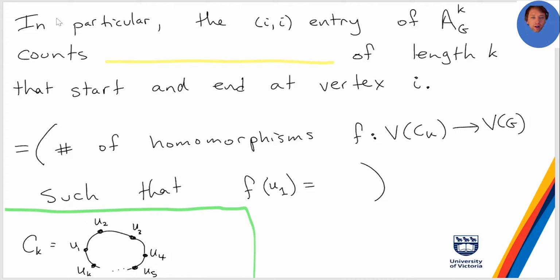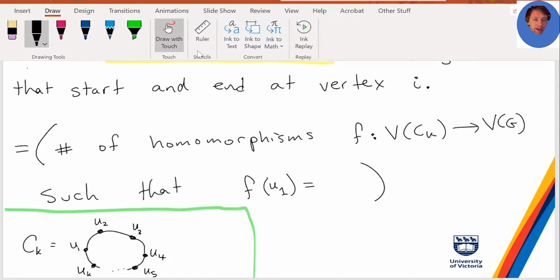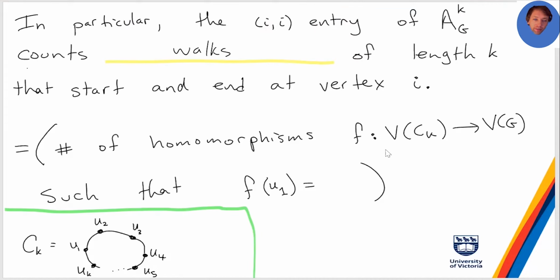So the number of walks of length k that start and end at vertex I is equal to the number of homomorphisms from Ck, the cycle of length k, into G, such that the first vertex of the cycle is vertex I.